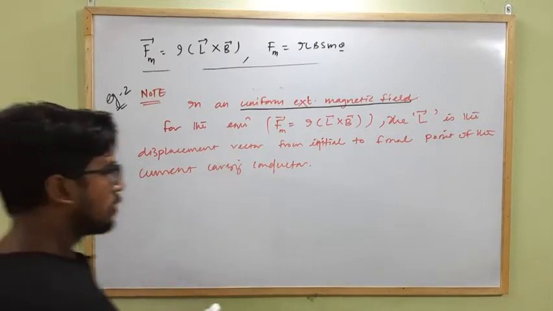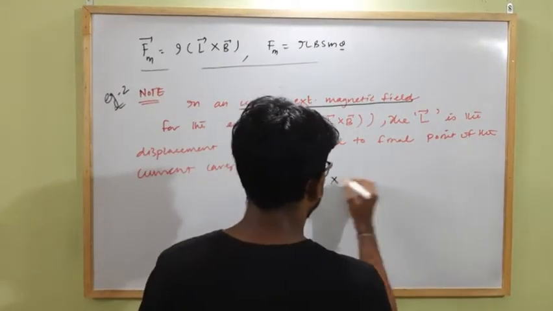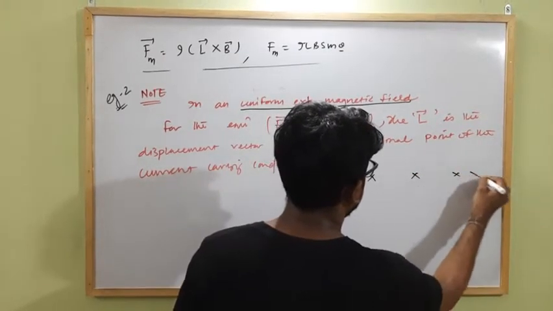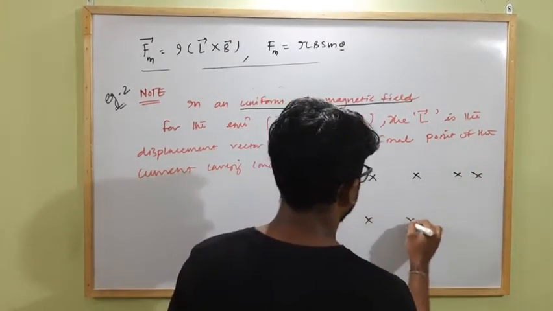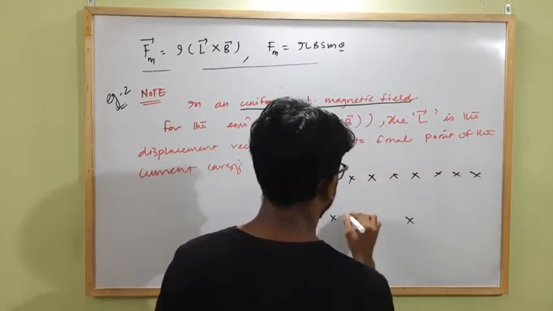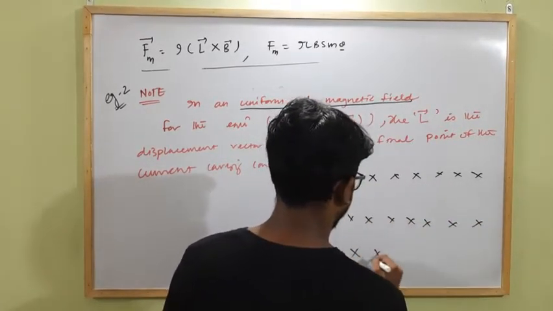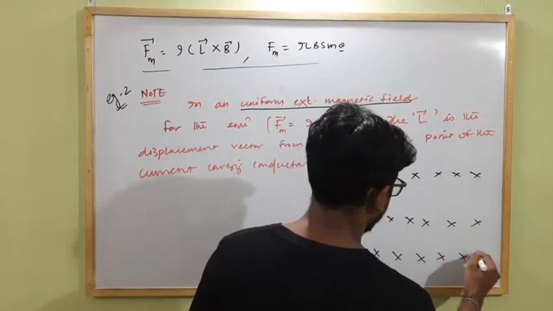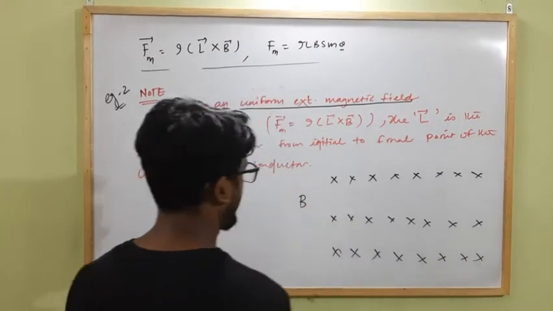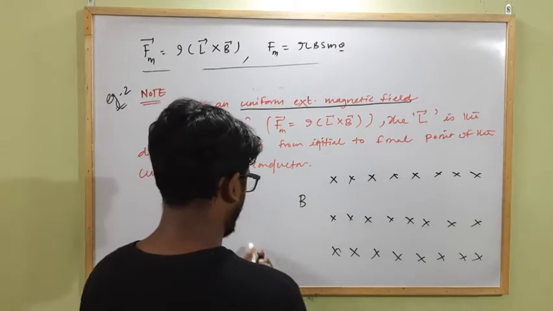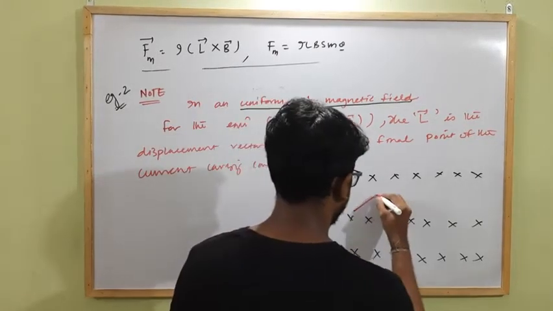Clear? How? Just see here, there is an external magnetic field present over here of strength B, and within it there is a current carrying segment like this.